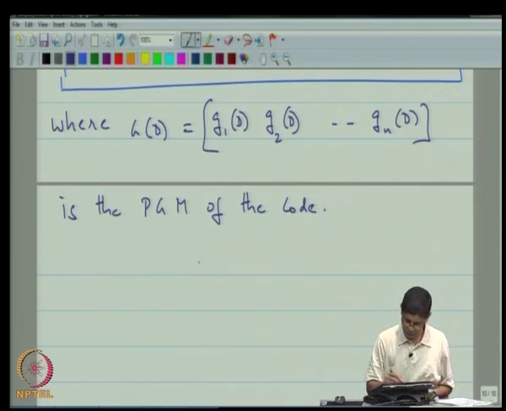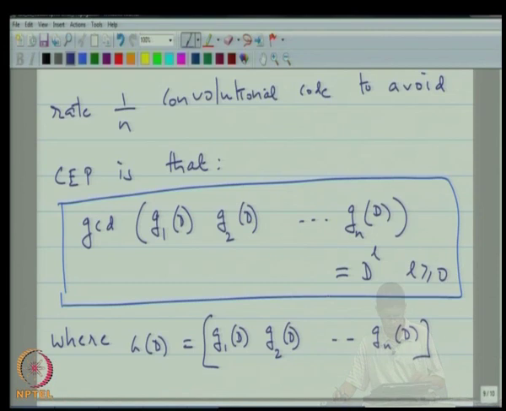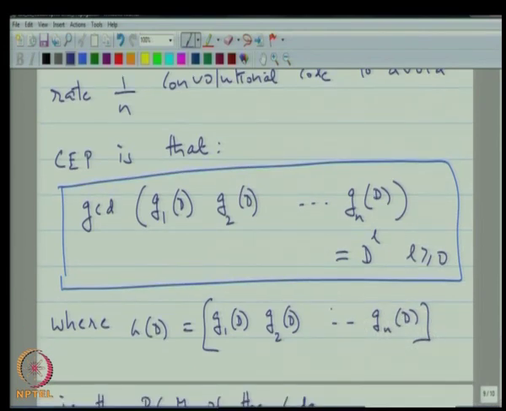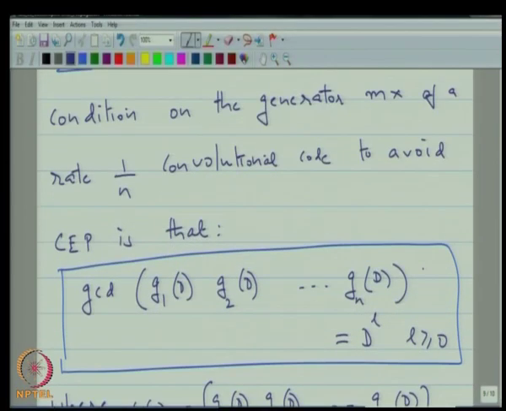Okay. So, the theorem just says that all that you have to do is compute the greatest common divisor. If the greatest common divisor is some power of D, where that exponent is greater than or equal to 0. Of course, the convention is that if you take D to the 0, then that is 1. So, the GCD can be 1, it can be D, D squared and so on, but only these are permissible. If this is the GCD, then it does not have catastrophic error propagation.